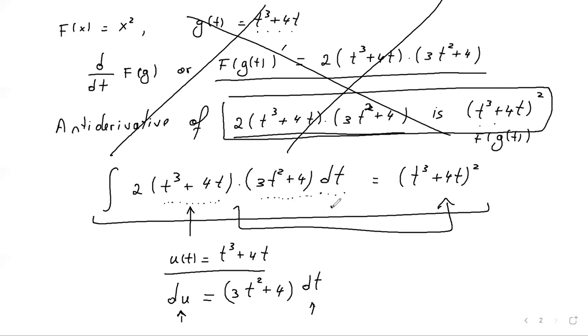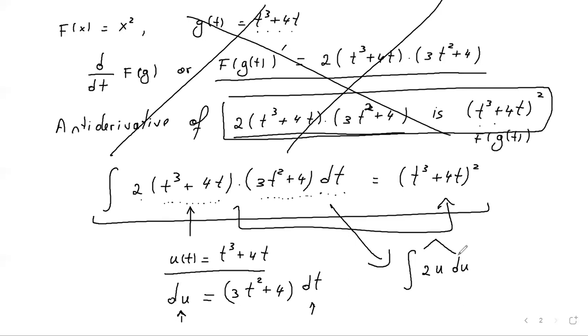If that's the case, the formula will look like this: the antiderivative of 2u du. So why 2u? Because u is t cubed plus 4t, so I replace that by u. The 2 is still there because it was here. And 3t squared plus 4 is the derivative of u, and we write it with dt together, that forms du. But now if we look carefully, this thing itself is really an antiderivative, because these two symbols mean the antiderivative of 2u.